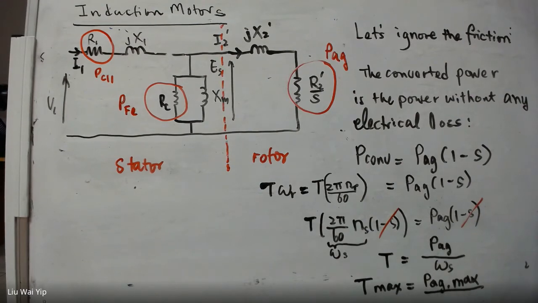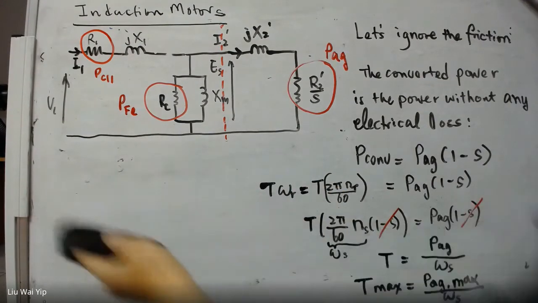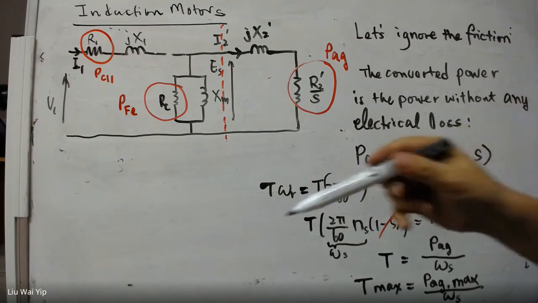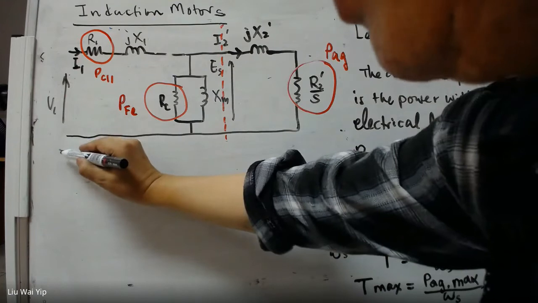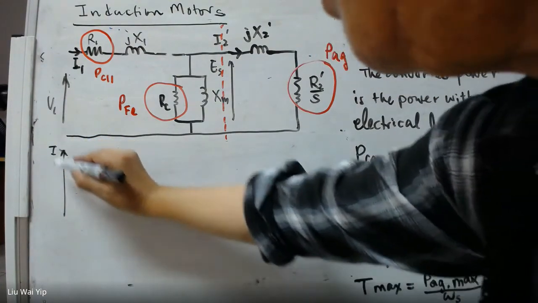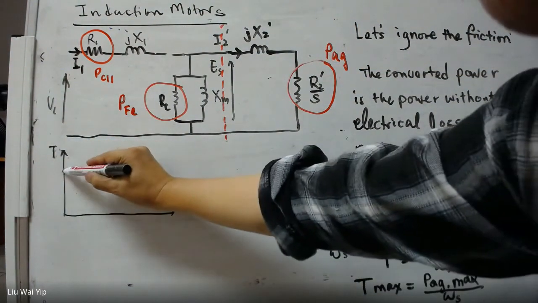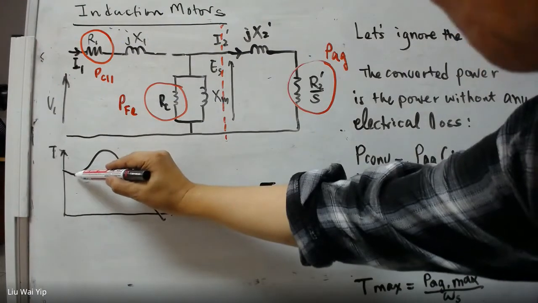And I don't have enough space. Like what I said before, the torque-slip characteristic is like this. And we have a local minimum here.